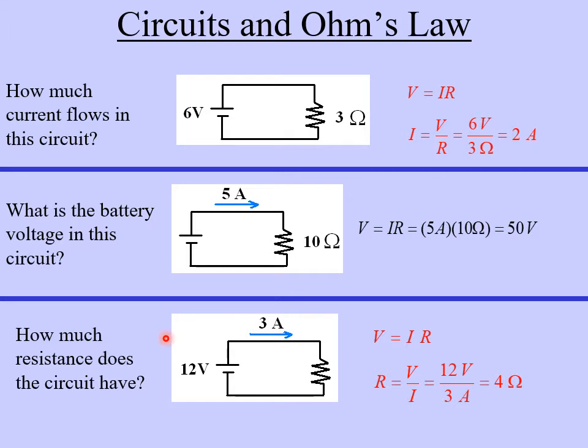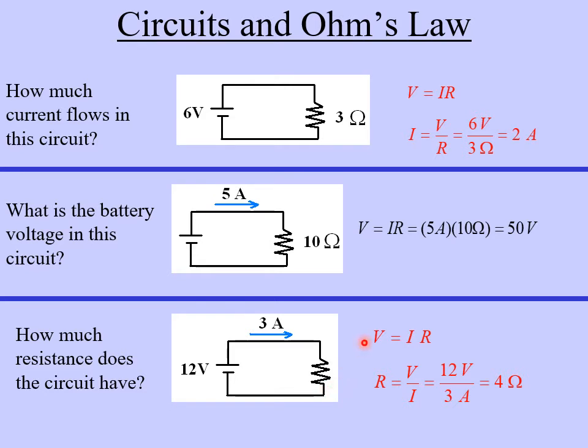One more here. The question is, how much resistance does this circuit have? So again, we have a simple circuit here with a battery connected to a resistance. We know that the battery is 12 volts. We're given that the current flowing here is 3 amps, but we don't know what the resistance of this resistor is. So let's calculate that using Ohm's law.